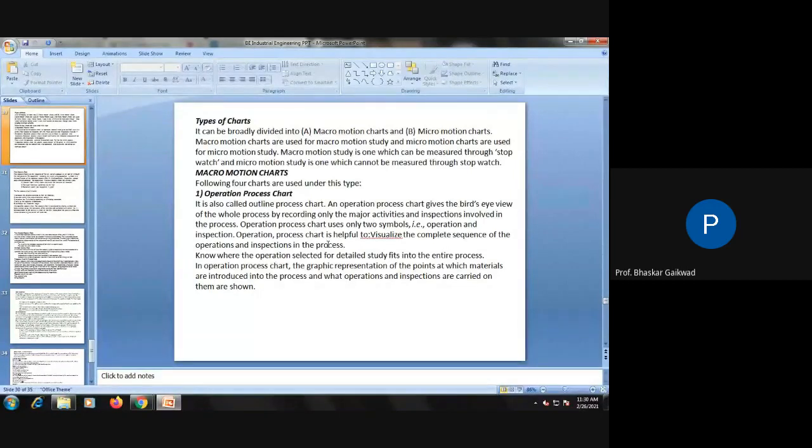Nowadays, as you might have seen, or will see in industry, automatic inspection is there, non-contact inspection is there, and gauging systems are there. Take bearing balls: in mass production it is not possible to measure by vernier or micrometer.